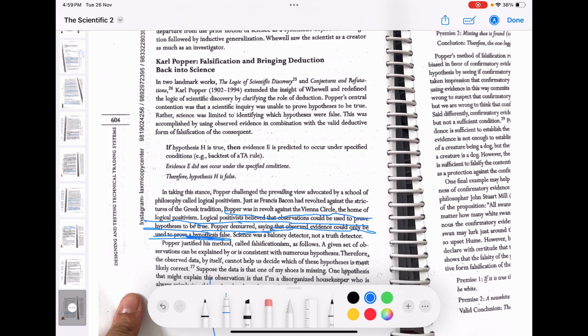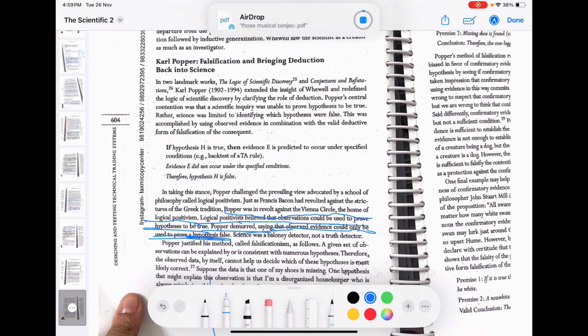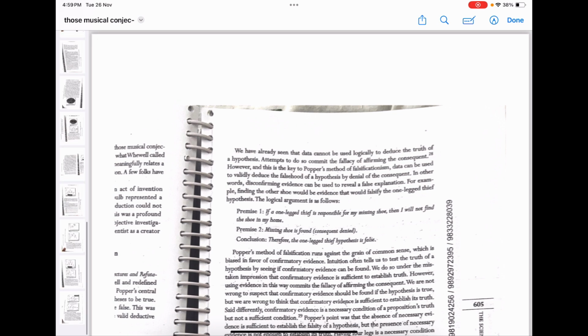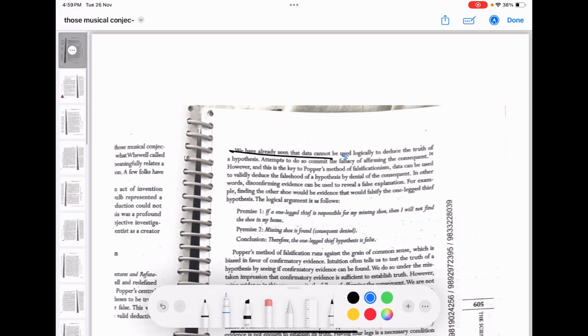Now, let me interrupt the other parts of this chapter. We've already seen that data cannot be used logically to deduce the truth of a hypothesis. Attempts to do so commit the fallacy of affirming the consequent.